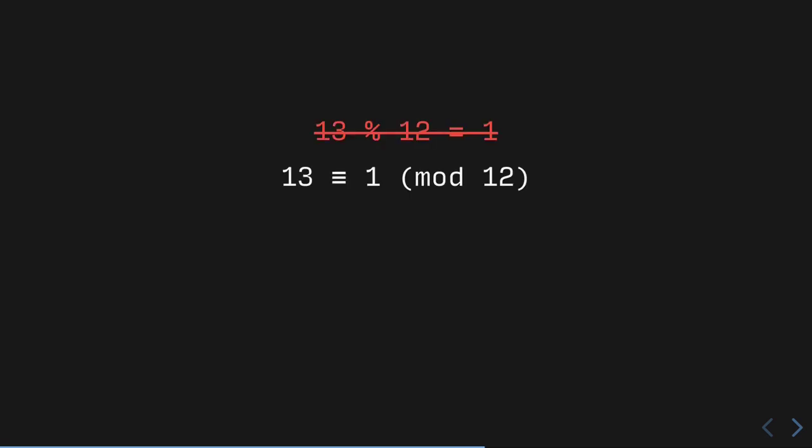So let's take a look at this example that we saw before. 13 mod 12 equals 1. That's the computation operator. In mathematics, we say that 13 is equivalent to 1 in mod 12.